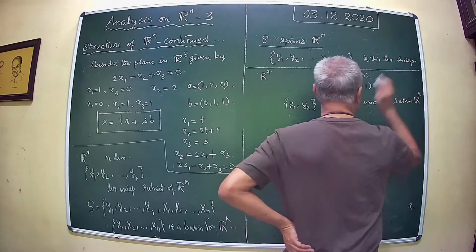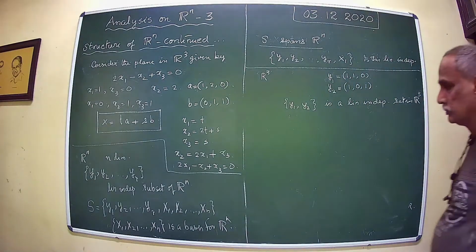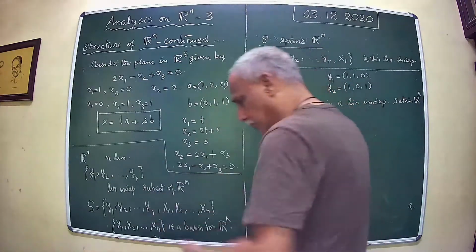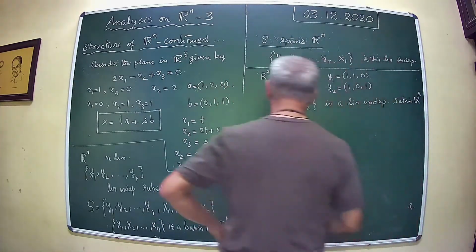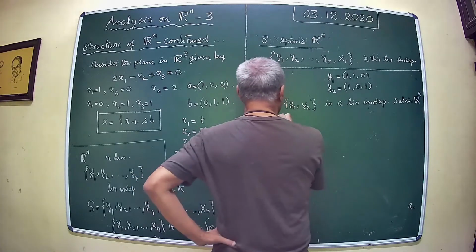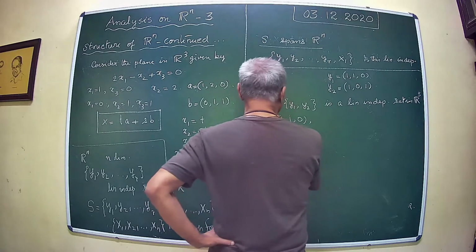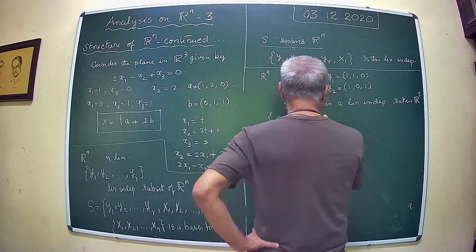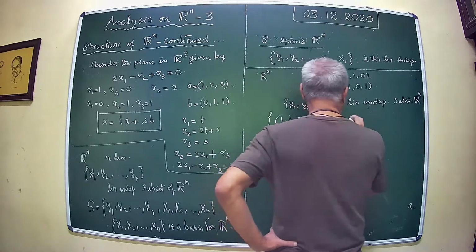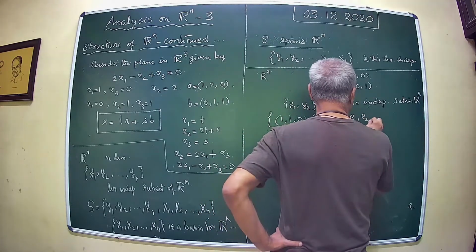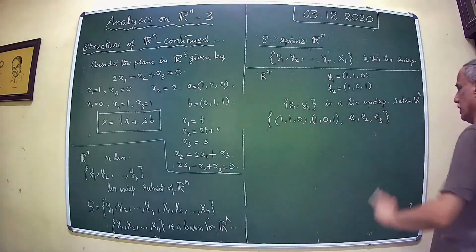But this is not a basis for R3 because it doesn't have sufficiently many elements. Now how do you work on constructing a basis which has this as a part of it? So what you do is you choose 1, 1, 0, 1, 0, 1, and then you take your E1, E2, E3. This is a basis. This is your x1, x2, etc.